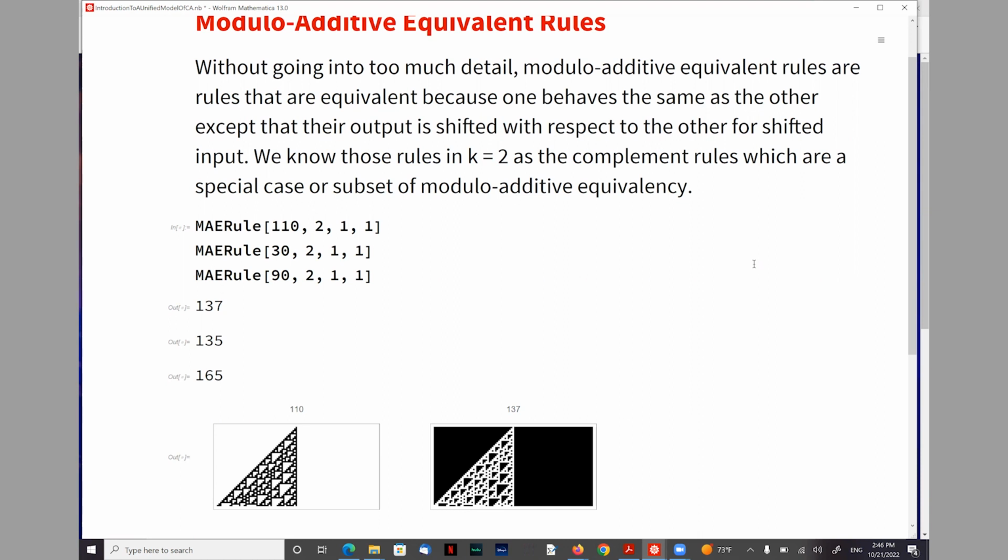The colors are shifted, the output is shifted, and in this particular property, we normally know it as a complement rule in the K = 2. So for instance, we can find the Modulo-Additive Equivalent rule for 110, and this is shifted by 1, which is 137. For 30 is 135, for 90 is 165.